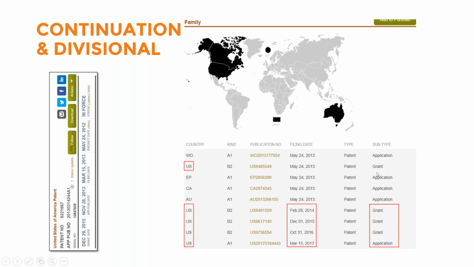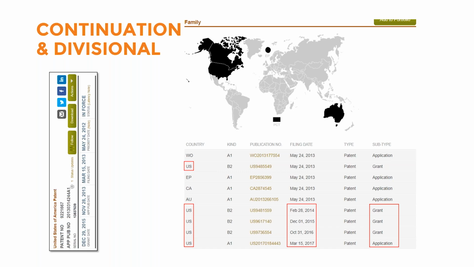What we see here is 1, 2, 3, 4 granted U.S. matters, and then 1 pending application recently filed just this year to keep the family alive. So clearly, the U.S. is an important market for this particular technology, and they're keeping the family alive.